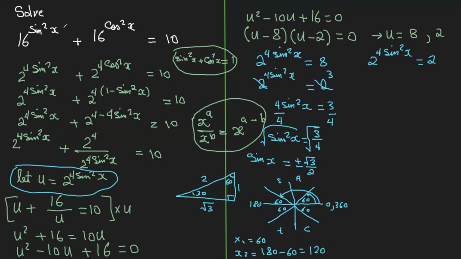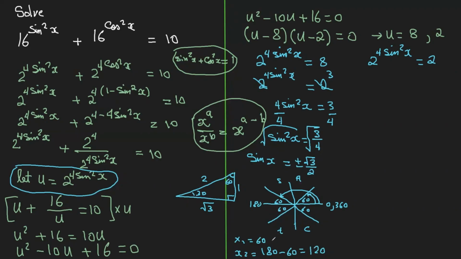Now, when they say solve here, they didn't tell us solve for x between 0 and 360, so they're asking for general solution. And for general solution, if you add 180 to this angle, you're going to get there. Also, to this angle, if you add 180, you're going to get there. So if you go 120 plus 180, it will give you 300, which is this. And you keep on going around, 180, 180, for general solution.